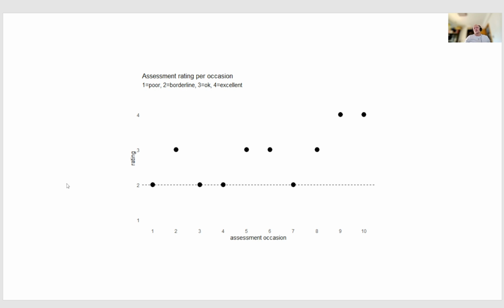Now, some people might say, sure, these are 1 to 4 ratings, that's integer numbers. We have 10 measurement occasions. We just draw a straight line, and here we have a linear model for our change over time. But of course, there is a number of assumptions underlying this approach.